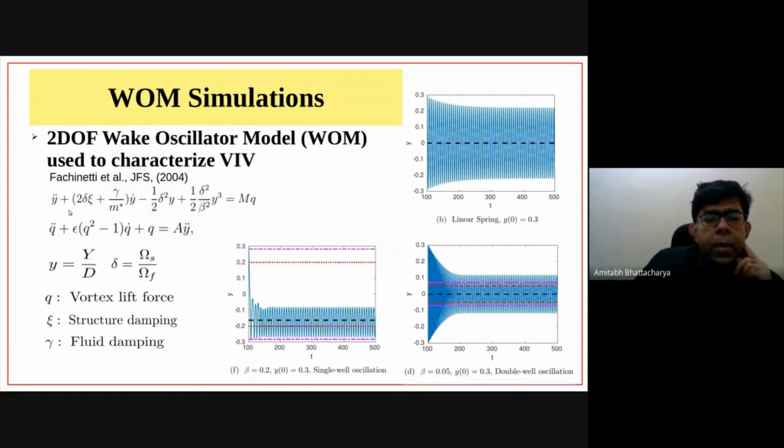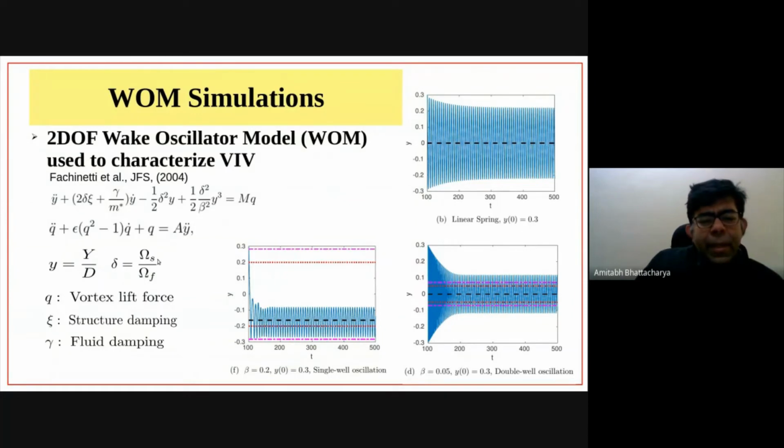Now, if you look at these equations closely, the first equation simply has the inertia term, and a damping term in which you have a structure damping coefficient and a fluid damping coefficient. You have the mass ratio here, and you also have this delta, which is your linearized natural frequency divided by your vortex shedding frequency.